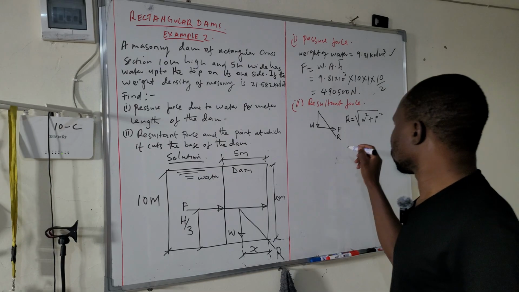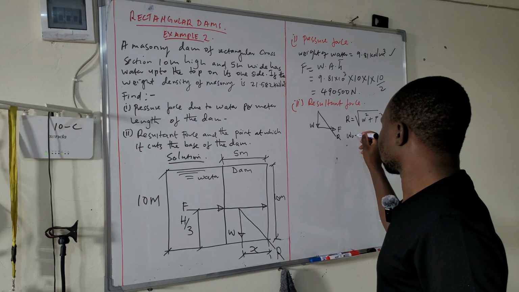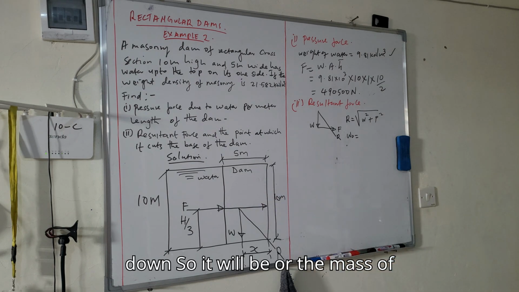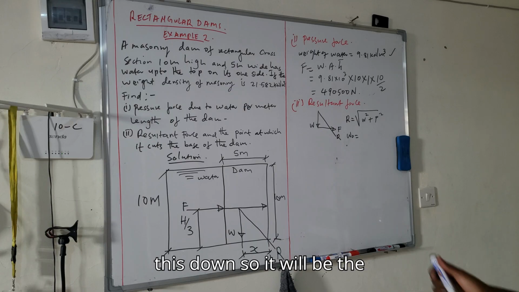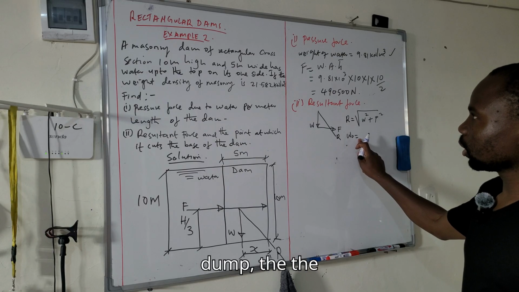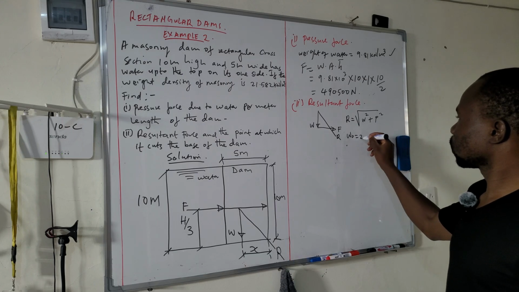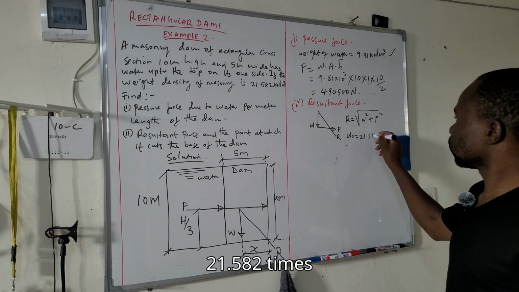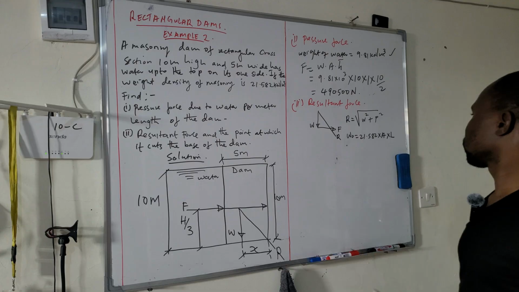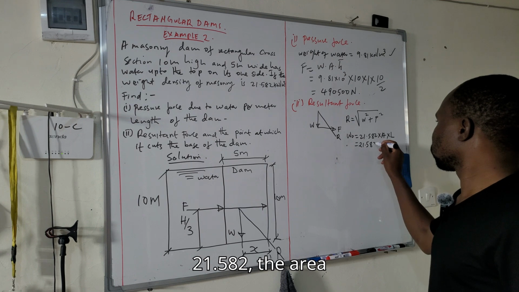So our W, let's use W0. This one will be the force of this dam, or the mass of this dam. So it will be the weight density of masonry, which is 21.582, times area times length. So this one will be 21.582.